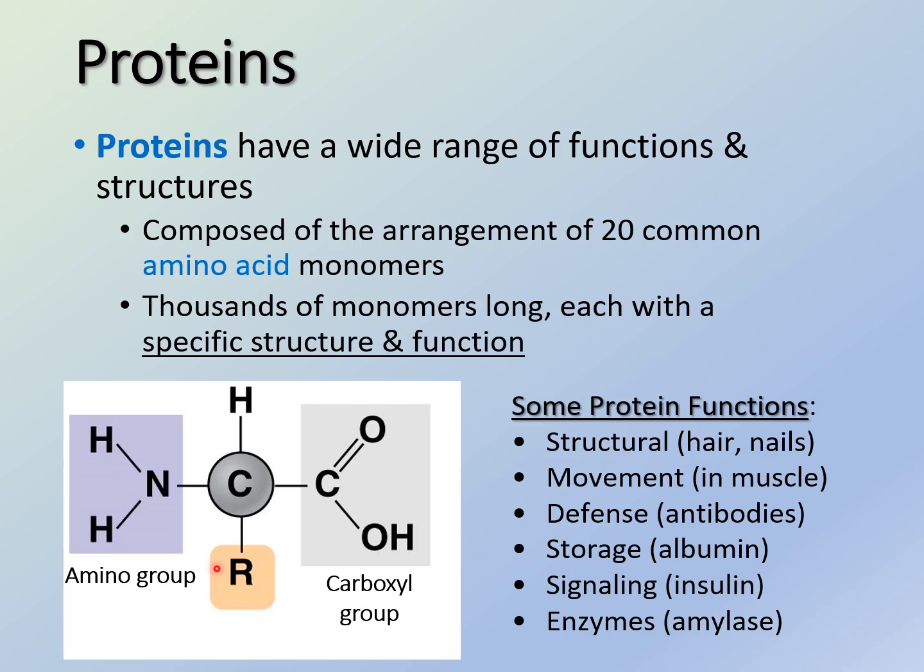In our immune system, we have antibodies that help us to defend our body against any sort of microorganism. We have albumin in the blood, which is a protein that helps to store things and kind of takes things through the blood like a messenger molecule, as well as insulin.